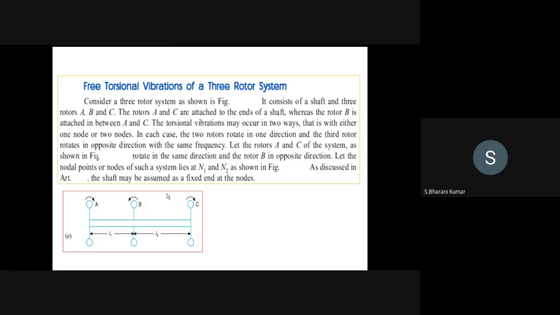Next we move on to the 3 rotor system. Frequency of a 3 rotor system: instead of 2 rotors, there is one more rotor in a position somewhere in the middle. That is called a 3 rotor system. A, B and C are the rotor names, and L1 and L2 will be given for a 3 rotor system.